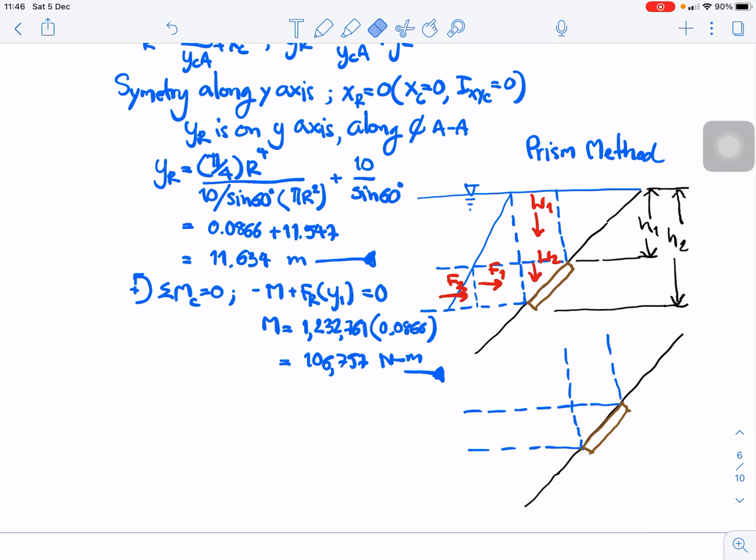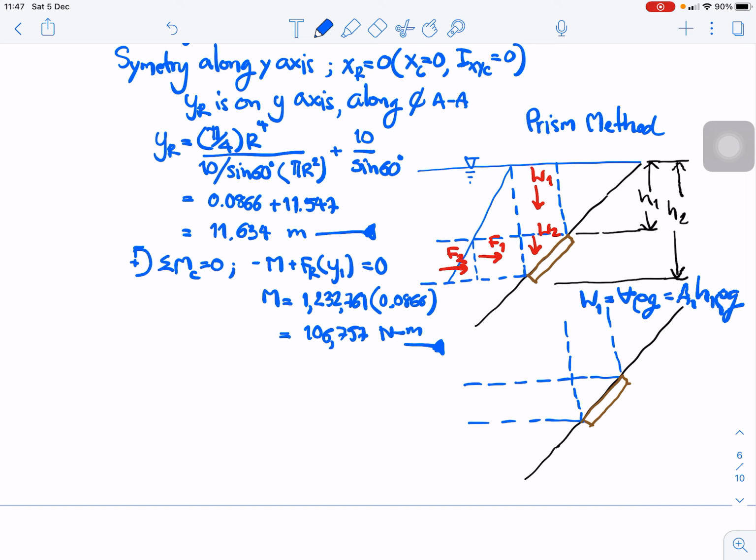we have to find the volume of water above, equal to rho g A1 H1. The problem is, if we look at the area A1, A1 is an oval shape, or we call it an ellipse shape.